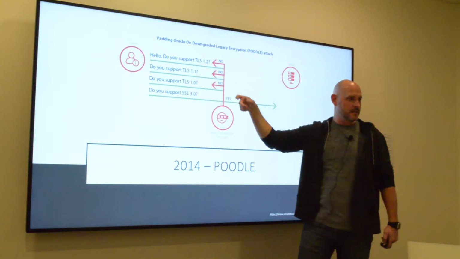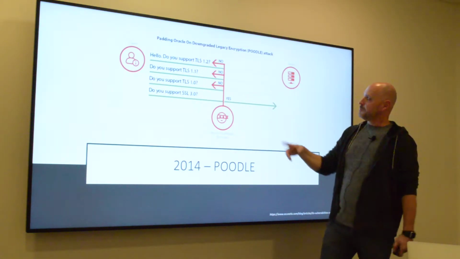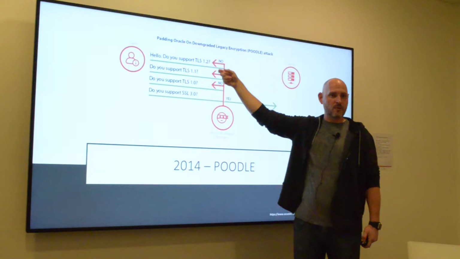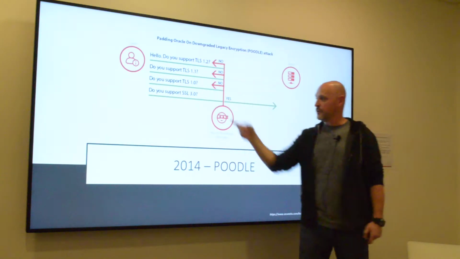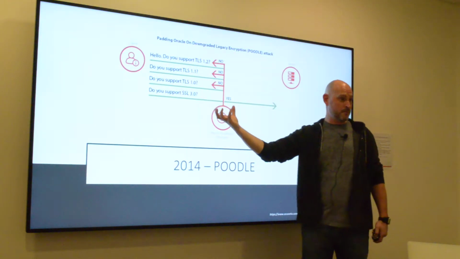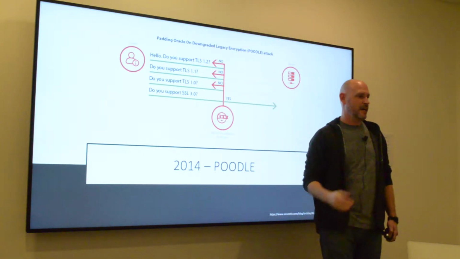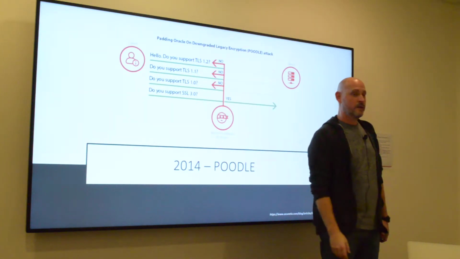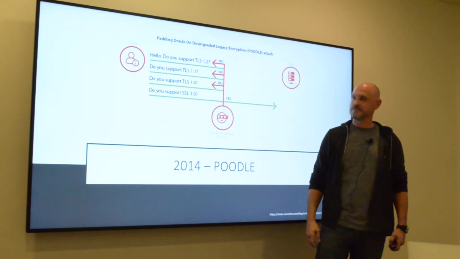Do you support that? And it would answer, no, I only support these. So it would force the client to downgrade to SSL v3. Then it allows the client to talk to the servers directly, but captures all the data, and after the fact you can read it, because you can crack it based on some of the known vulnerabilities in SSL v3.